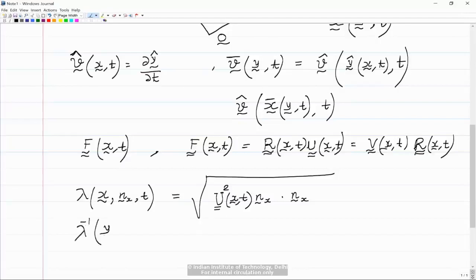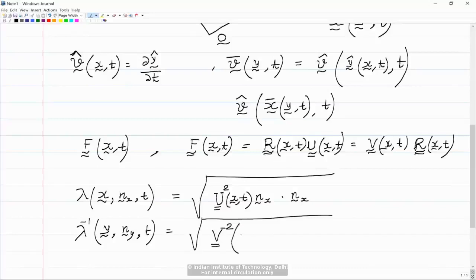So lambda inverse depending on the current position y and the current orientation of the line element n y, and then you have this time t here, and then you remember what you had here, V inverse square, isn't it?